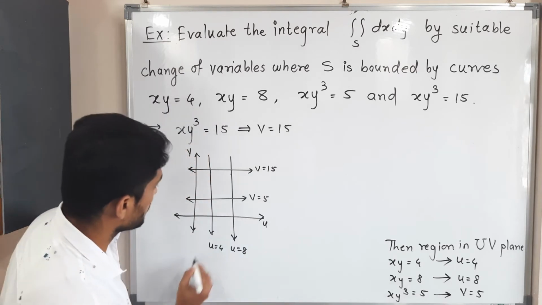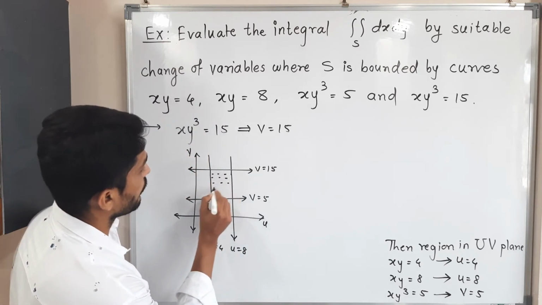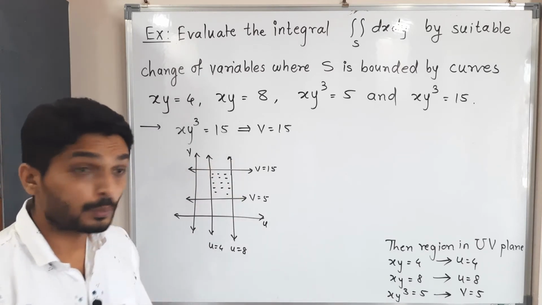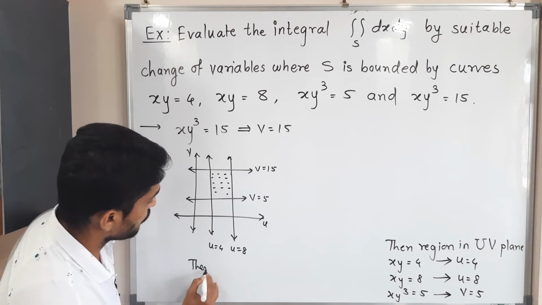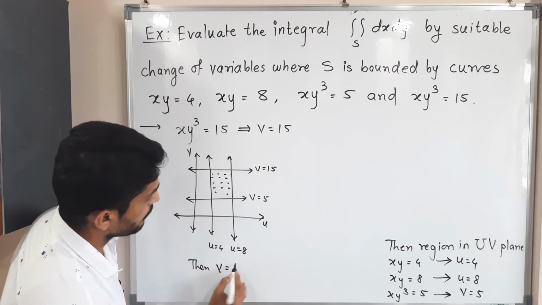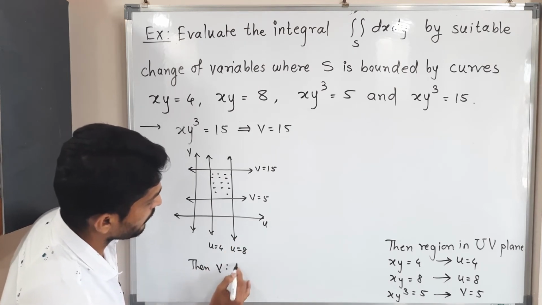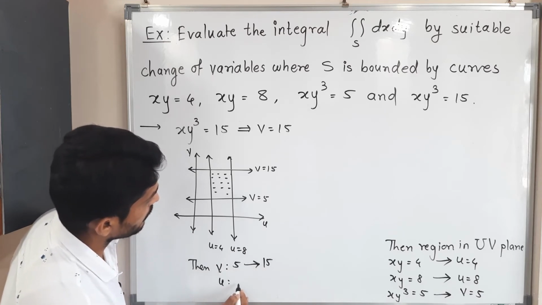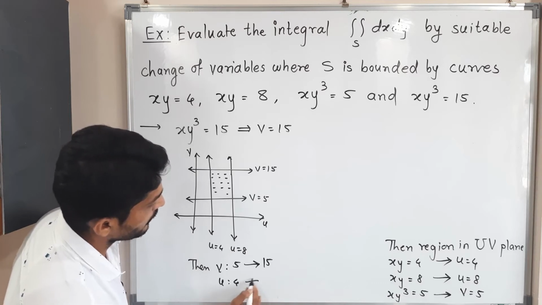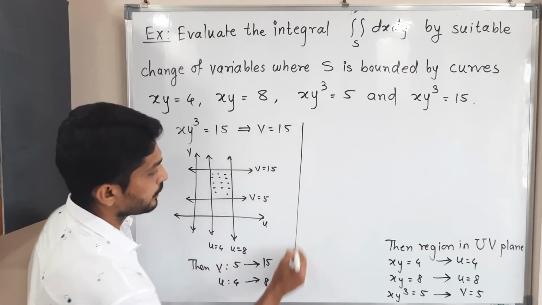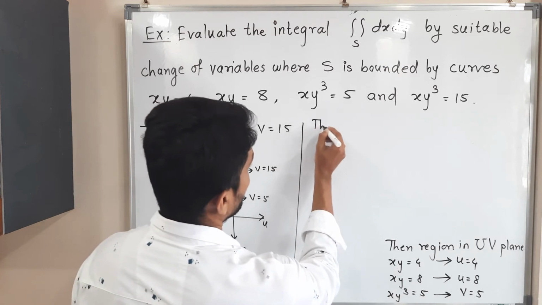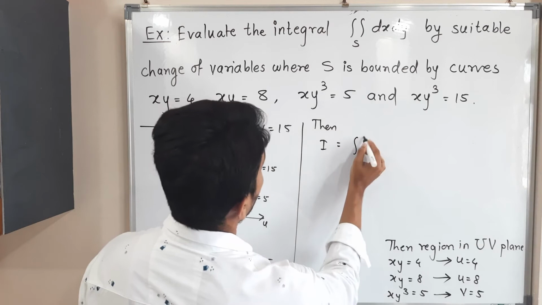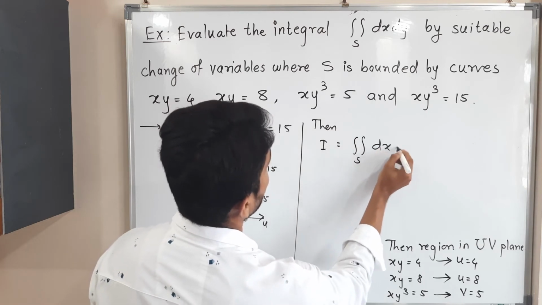So for the limits, obviously we consider the strip parallel to the v axis. Then v varies from 5 to 15, and u varies from 4 to 8. Okay, so let us discuss the integral now. Then I is equal to the double integration of f dx dy.